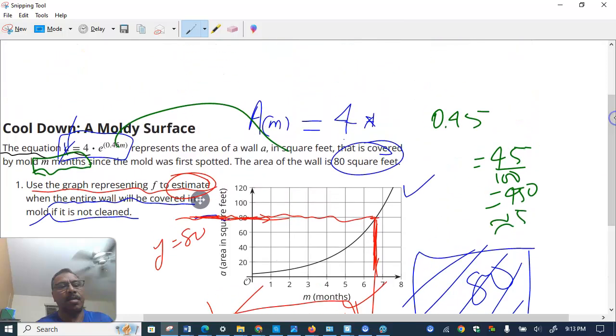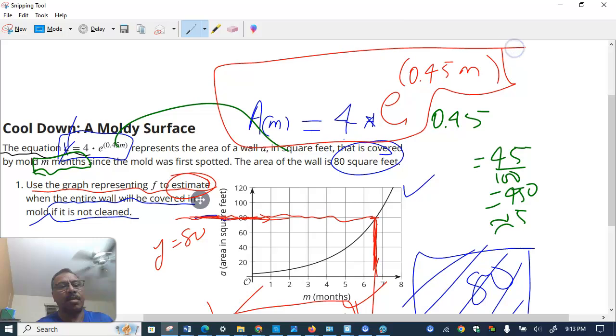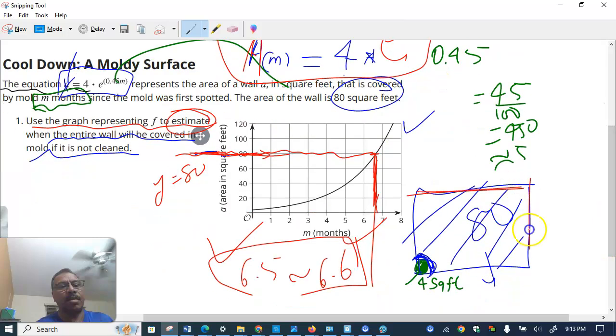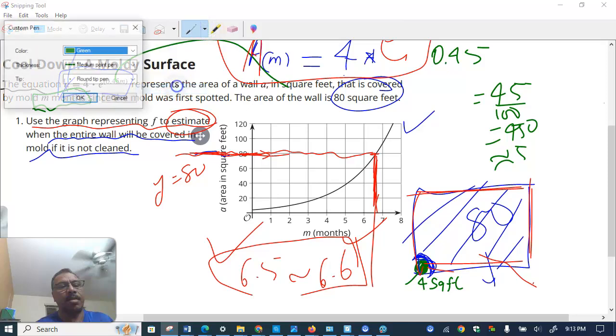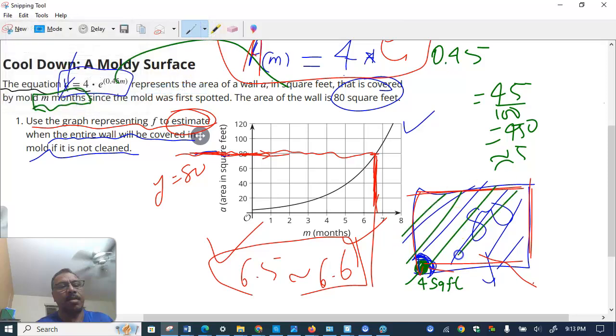So the second question is, the equation is given, e raised to 0.45 m. So this is the equation that we have to solve when the output is given. So when is this whole wall going to be filled entirely with the mold?